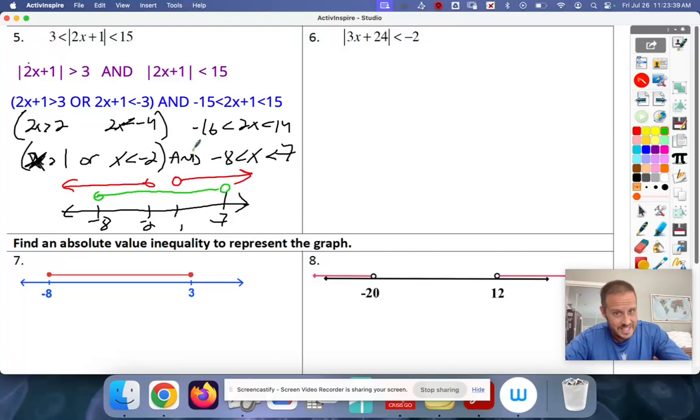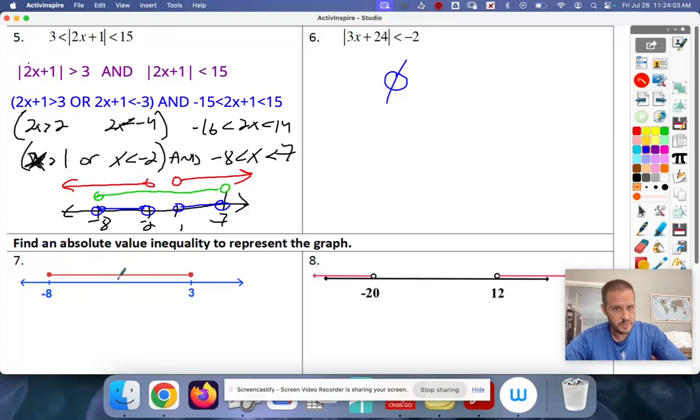And if it's an and, we need both the red and the green to be true. We end up with this solution, which is from -8 to -2 and from 1 to 7. Okay. This one, how often is an absolute value less than -2? Never.